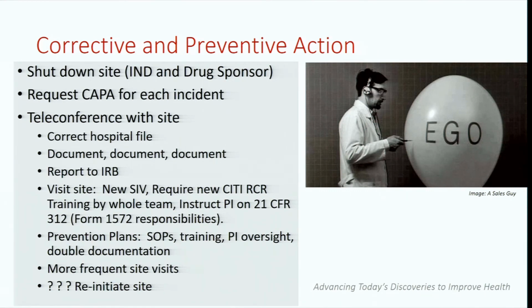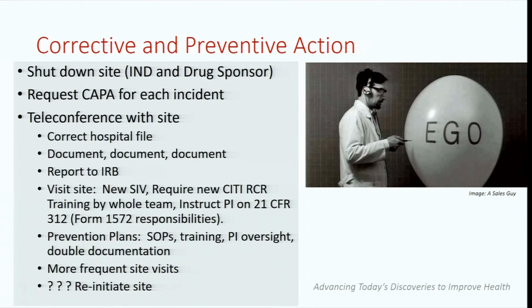Instruct the PI on the 1572 again, and then what are the prevention plans? Yes, SOPs, training, more PI oversight, double documentation. Maybe the PI has to sign something that says, yes, the patient qualifies, go forth and enroll.